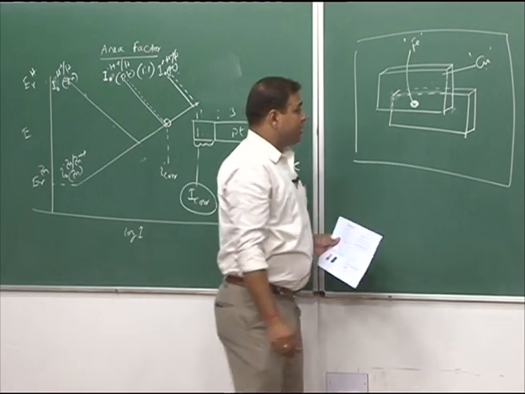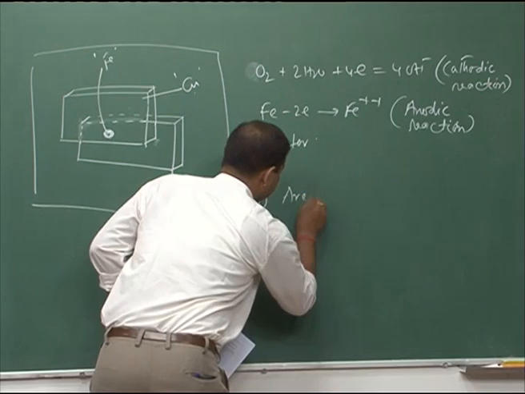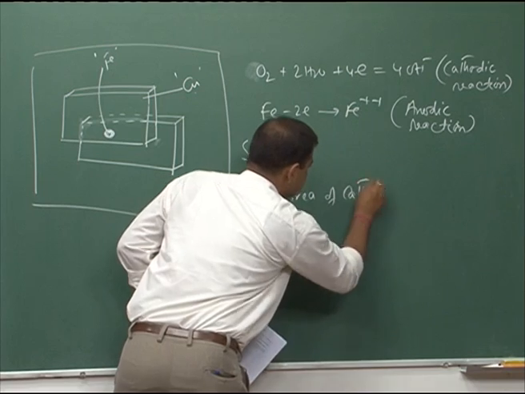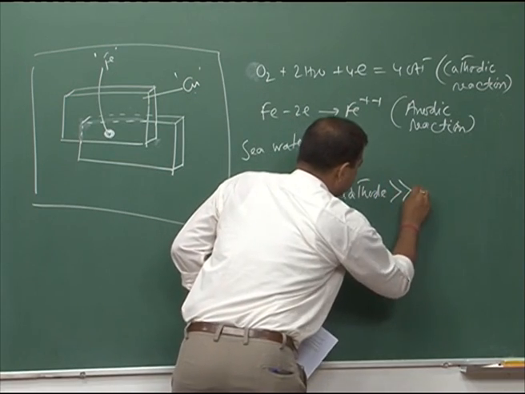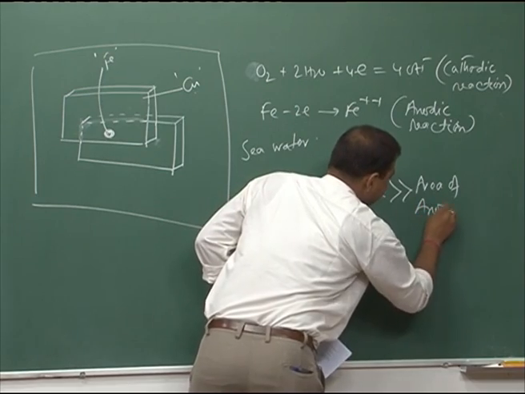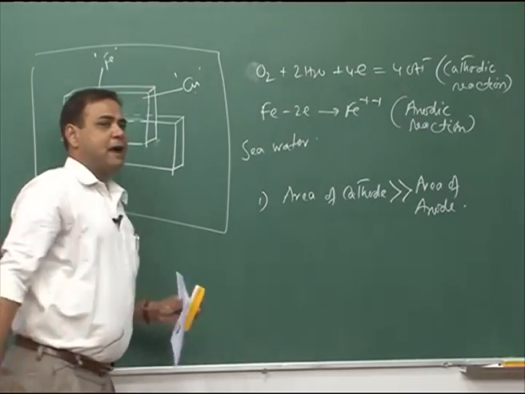Now, we see one particular phenomenon, that if the area of cathode is greater than the area of anode in a particular solution, that situation is very bad.